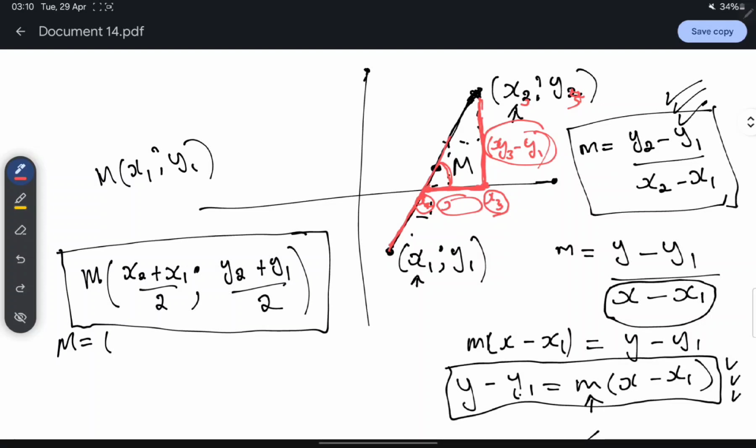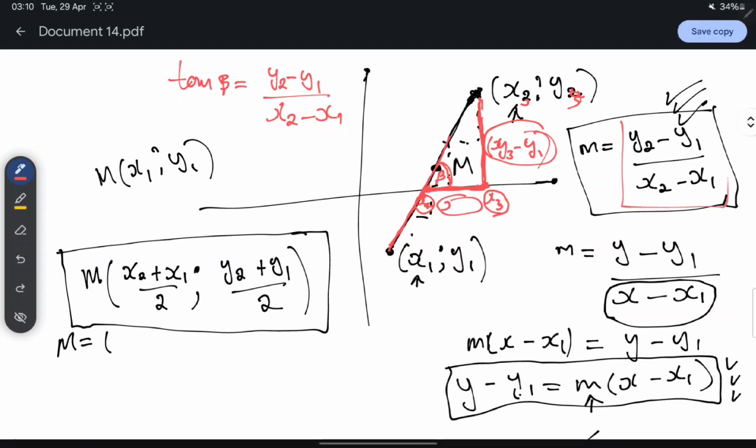So my opposite and adjacent, which means my tan beta can be my change in y over change in x, which means this is the gradient, right?